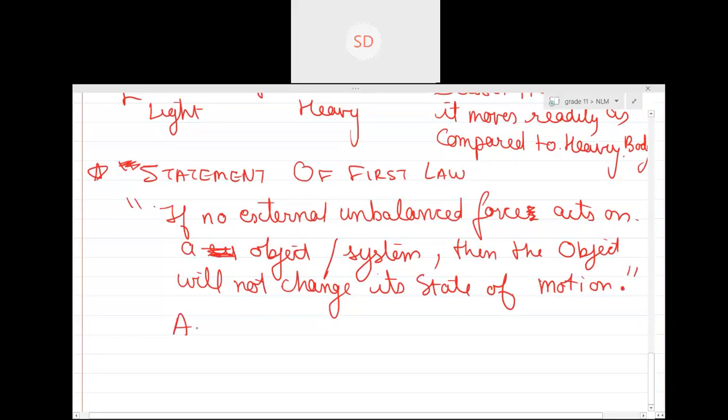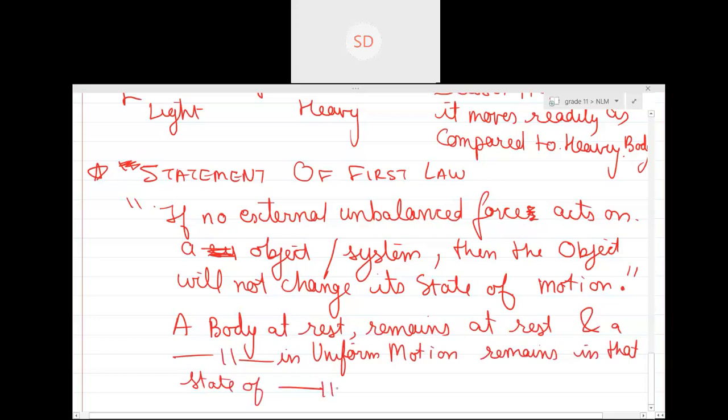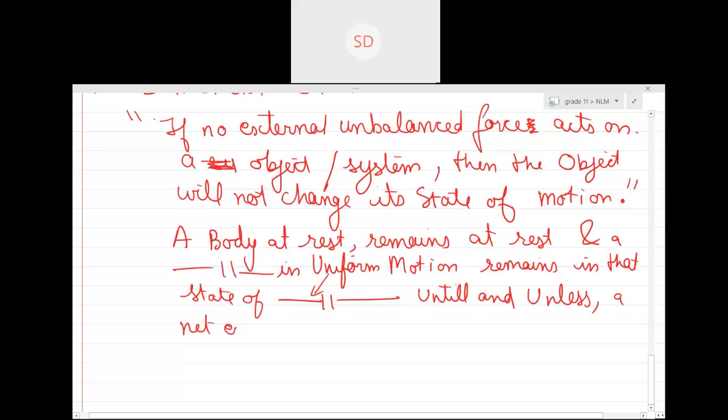So I can add another statement to this. A body at rest remains at rest, and a body in uniform motion remains in that state of uniform motion until and unless a net external unbalanced force is applied.